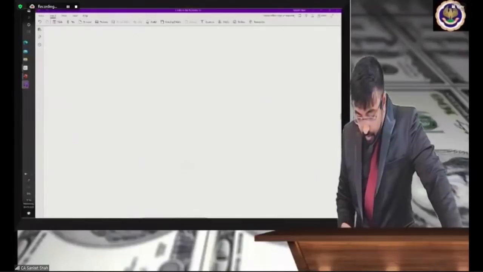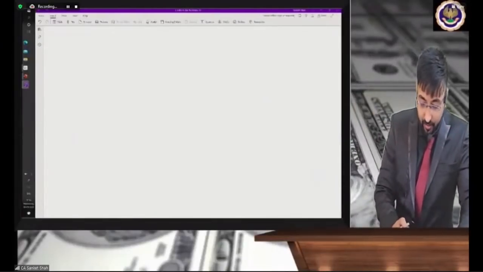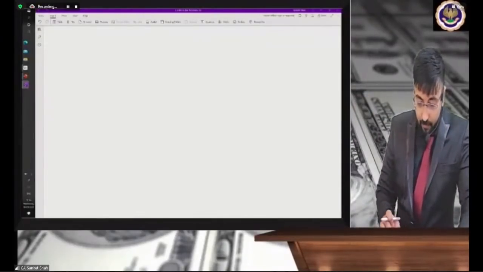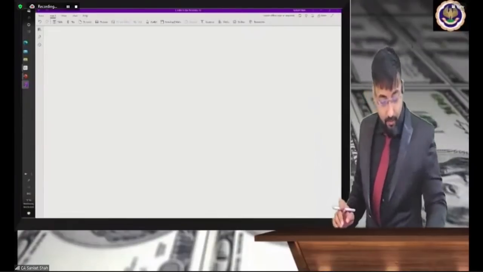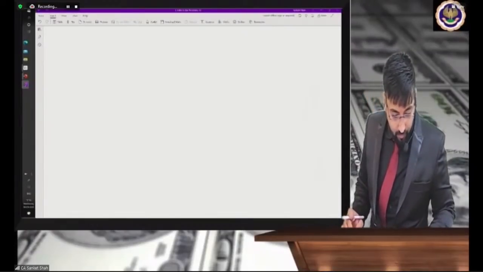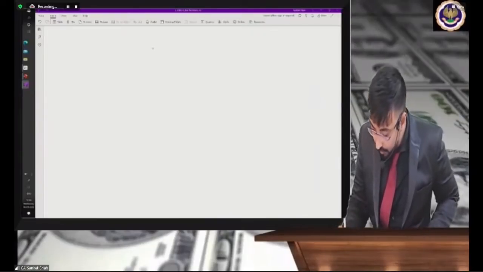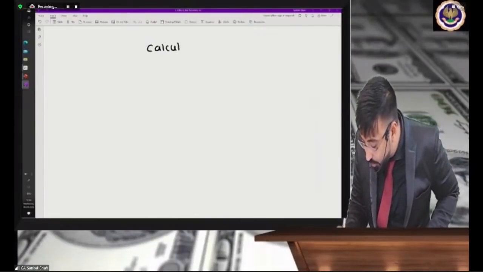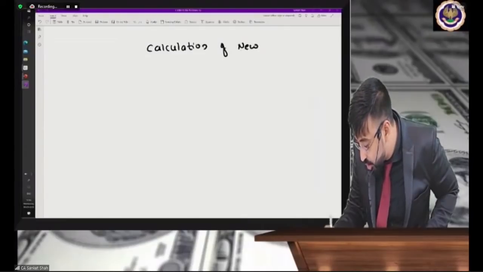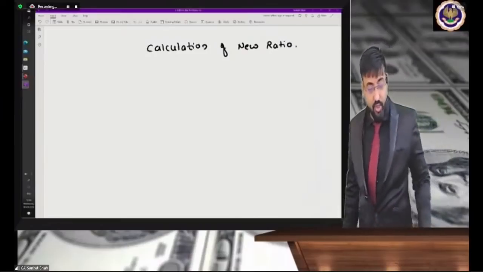Okay. So write down illustration number 8. Calculation of new ratio.